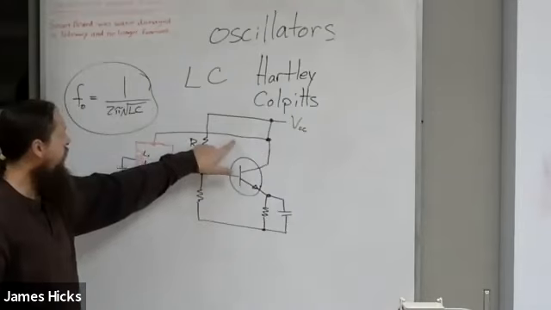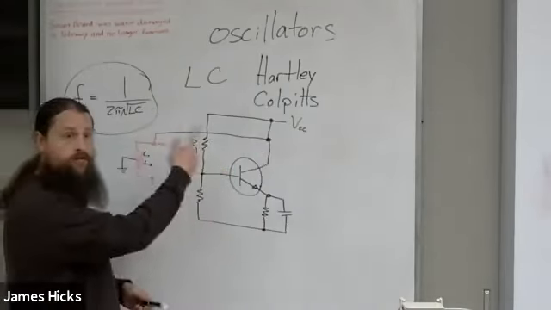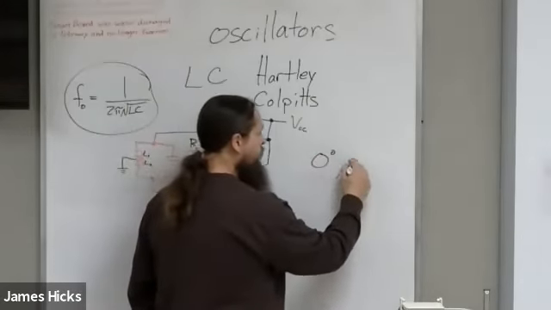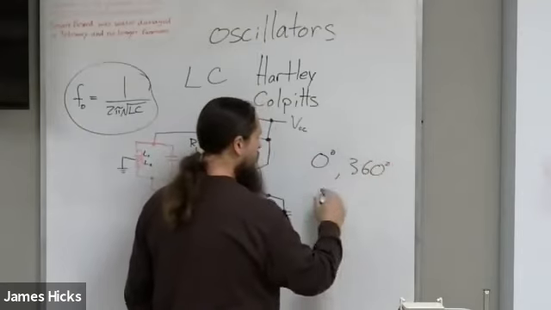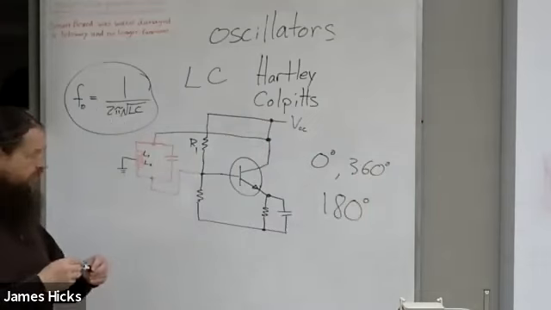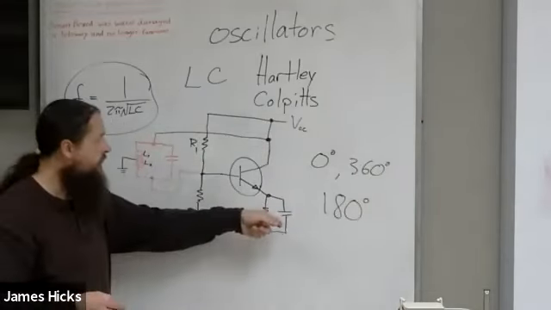because we want to feed back our signal exactly in phase. So my feedback phase angle would be 0 degrees, 360 degrees. It can definitely be 180. I can't feed back the signal out of phase; I have to feed back in phase.